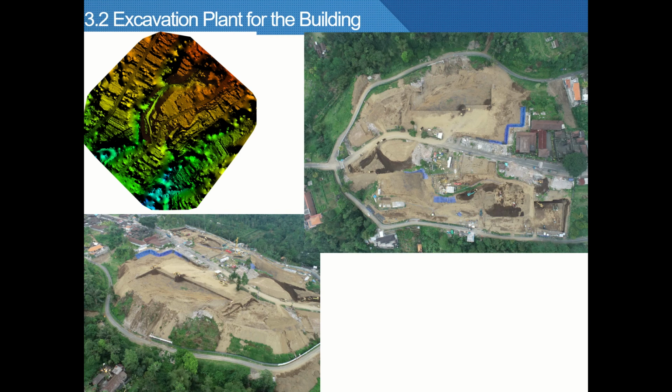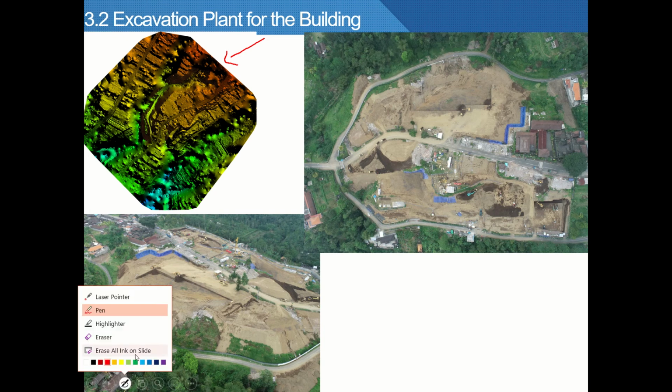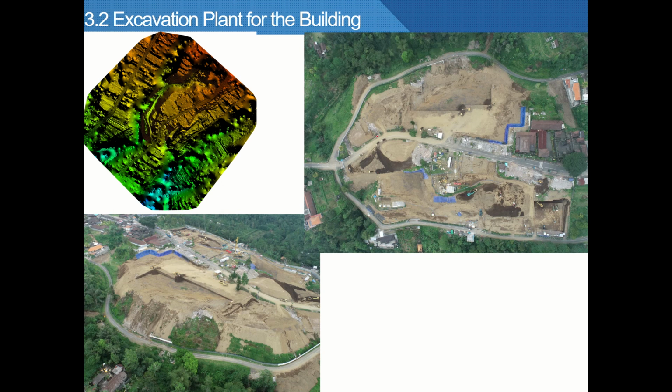Luckily we have some point cloud data over here. As you can see, we constructed this using the photogrammetric method. Basically we fly drones, capture a number of photos, and construct this digital elevation model. And these are the pictures of the site. As you can see, there are so many sloping areas over here.